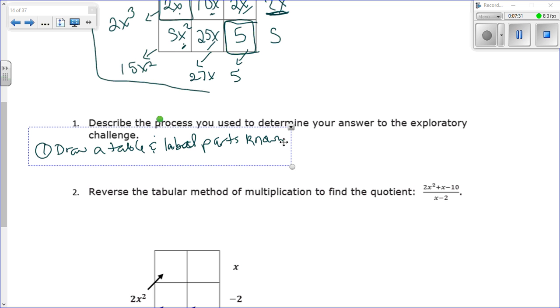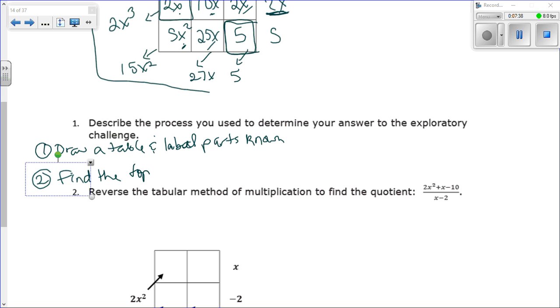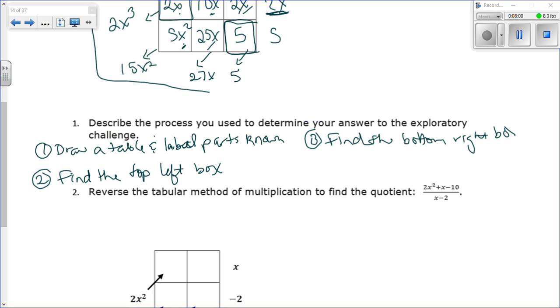The second thing we have to do is find the top left box. Like what goes in the top left box. Then 3, find the bottom right box. And then 4, fill in missing parts.